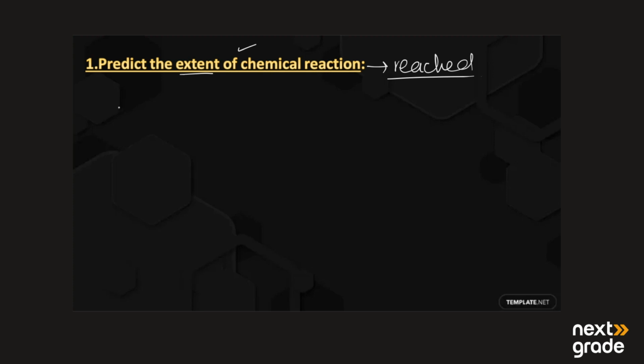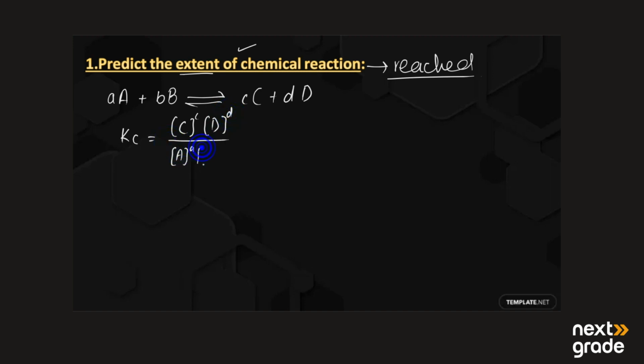So if we have a simple reaction where a moles of A and b moles of B react in a reversible reaction forming c moles of C and d moles of D, then the value of Kc for this reaction is the molar concentration of C to the power c, times the molar concentration of D to the power d, divided by the molar concentration of A to the power a, times the molar concentration of B to the power b.